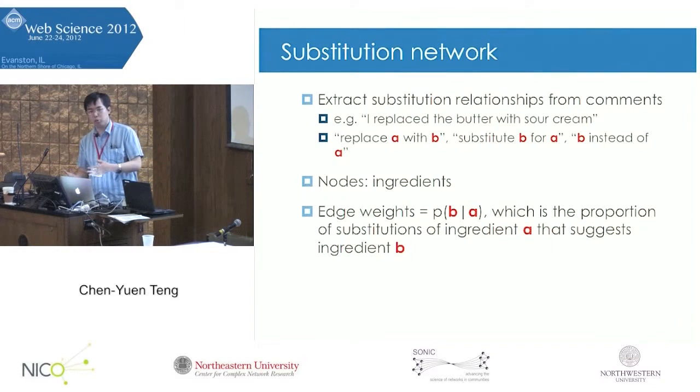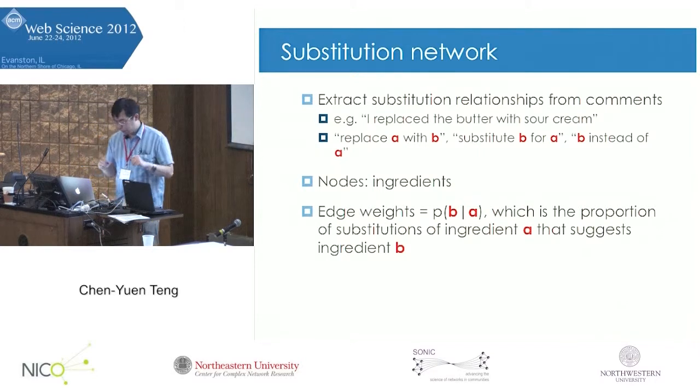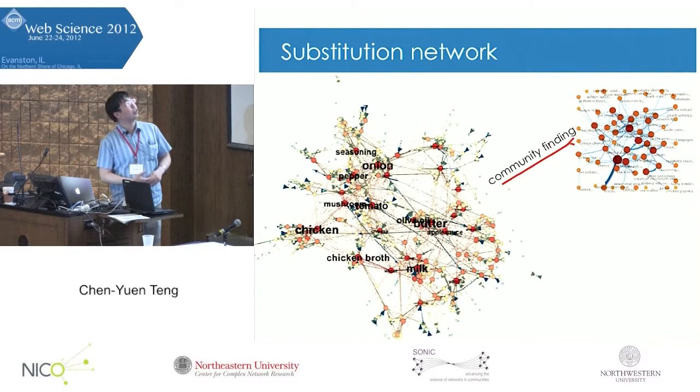We can identify this pattern, like replace A with B, or substitute B for A, aggregate this kind of text, and build the substitution network. This is a directional network, and the weight is defined as the conditional probability of substitution.